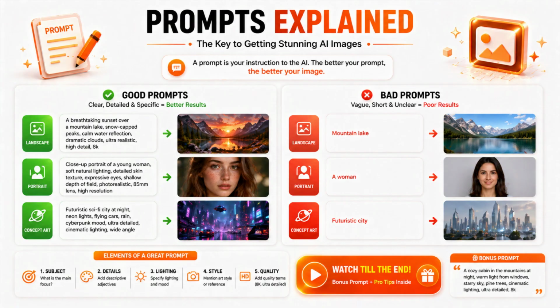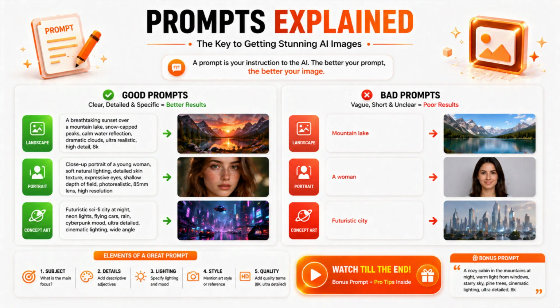It is like giving a recipe to the AI to create something. The better your prompt, the better your result. The better your recipe, the better the taste. Clear, detailed, and specific prompts always outperform short, vague ones. So, your prompt must be detailed and specific, not just a random typed prompt.